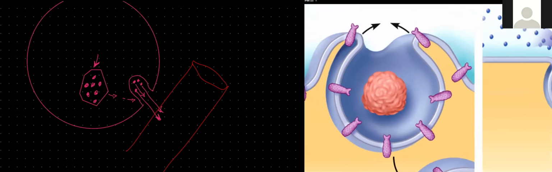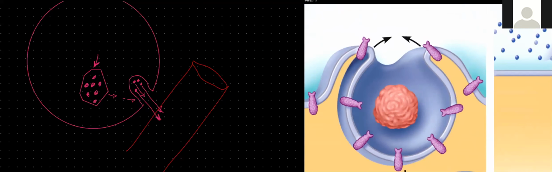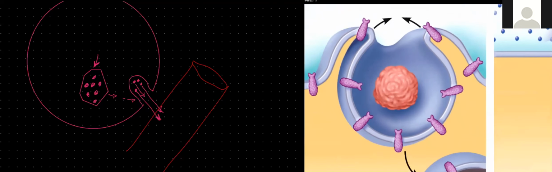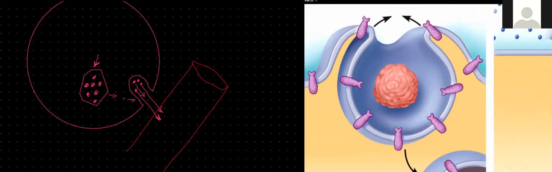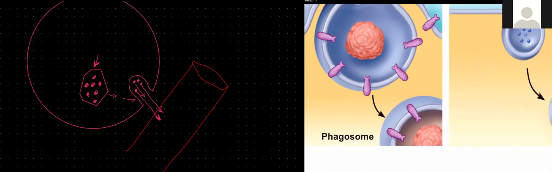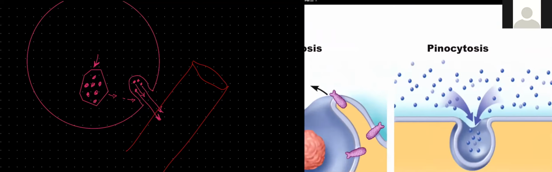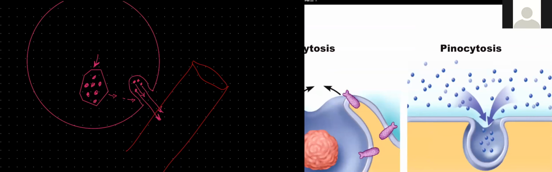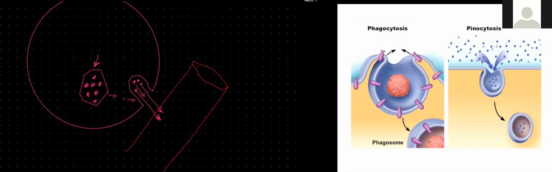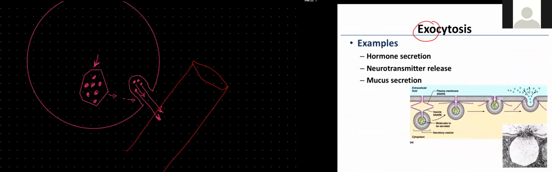I'm taking part of the cell membrane to surround the bacteria, and as the cell membrane folds together, this will allow the vesicle, which is part of the membrane, to dislodge from the rest of this cytoplasmic membrane and to move to the inside of the cell. So yes, the vesicle has the same chemical structure and properties as the cell membrane.